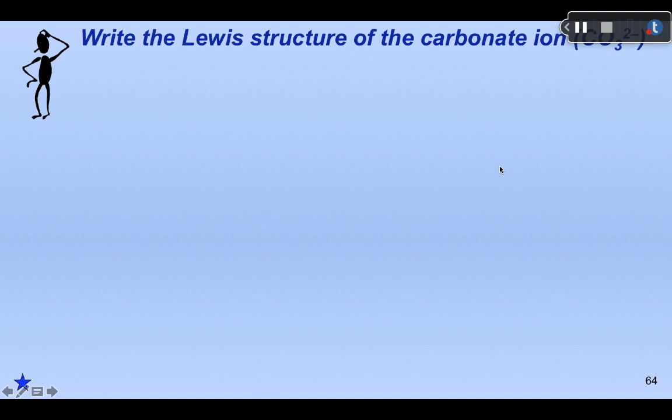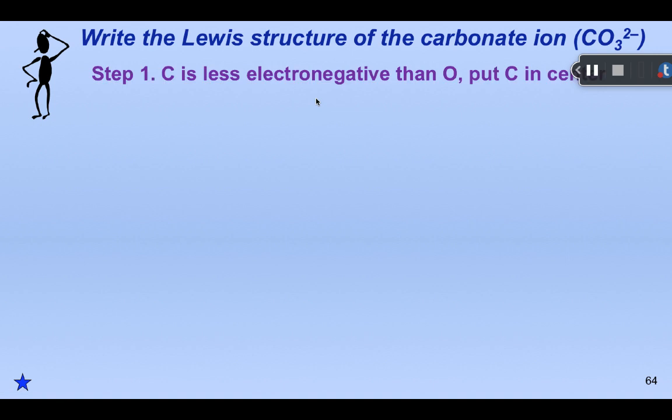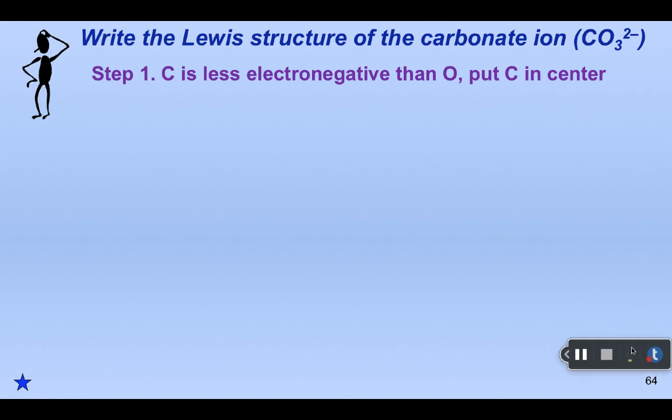All right, another one, let's do the carbonate ion. The carbonate ion requires us to use another step because we now have to add electrons for the charge in the total valence electrons. Step number one is to figure out what atom goes in the center, and this time it's going to be the carbon, because carbon is very commonly in the middle of structures, and oxygen is certainly more electronegative.